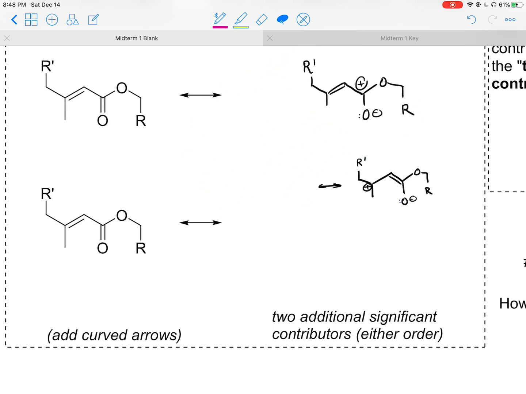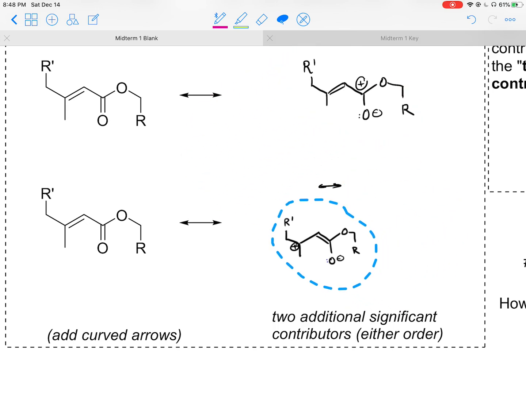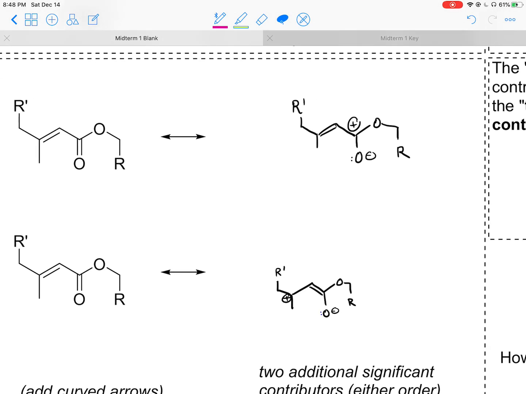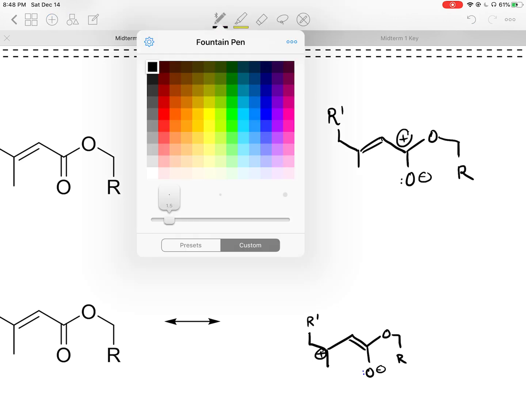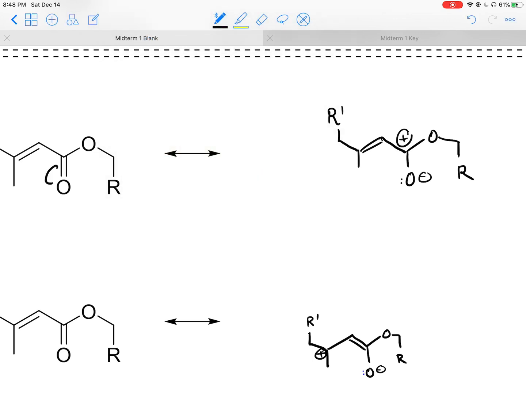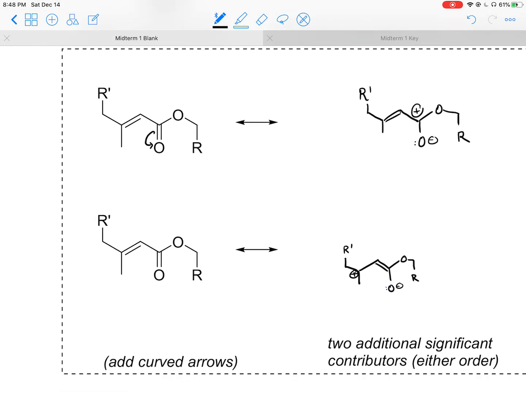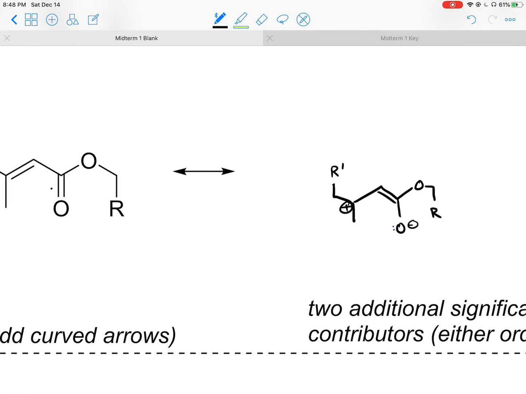So we'll put that one right there, and we'll put this one right here. We have to draw out the resonance arrows that lead to each of these structures. So this one is just, we move the pi bond electrons onto this oxygen, and everything else stays the same. And then this one, we do the same thing, but we also move this pi bond.